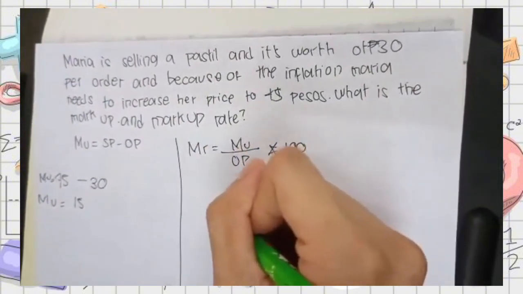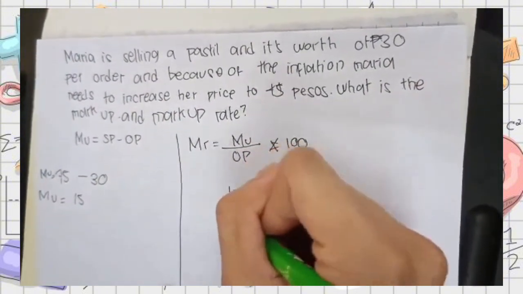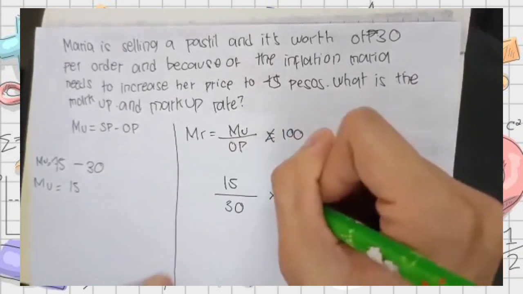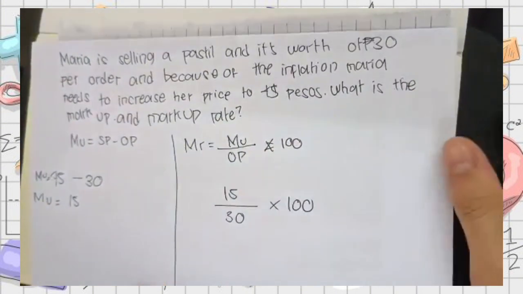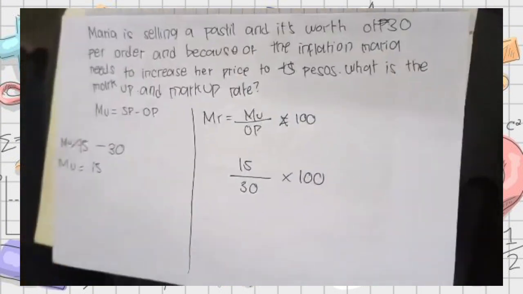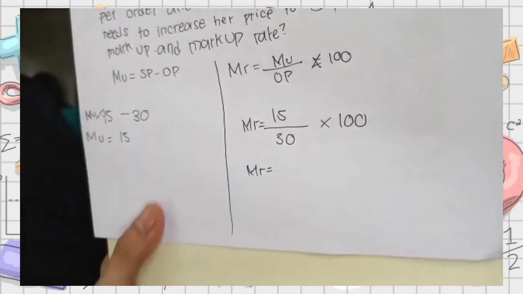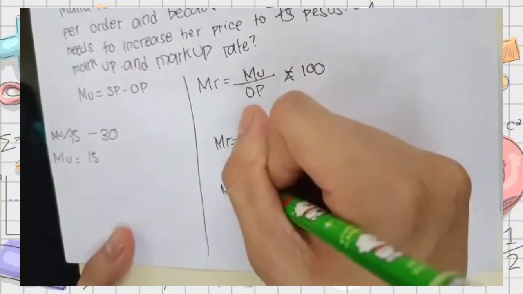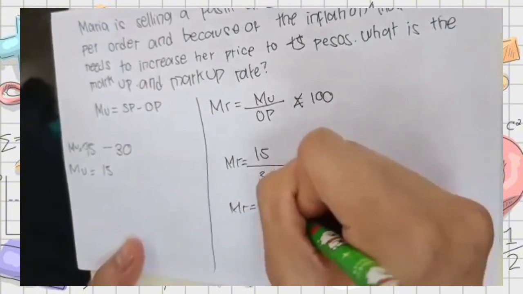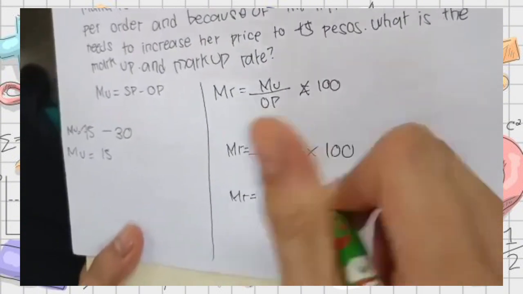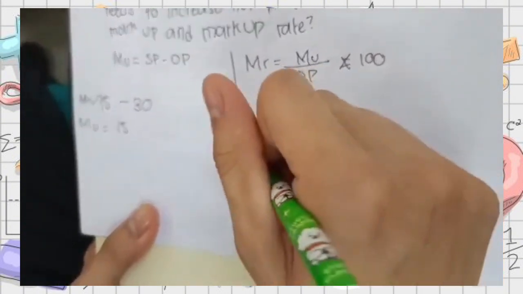So, yung markup natin, which is 15 pesos, divided by 30 times 100. Then, ang magiging answer ng markup rate natin ay ayan, ang markup rate natin ay 50%.